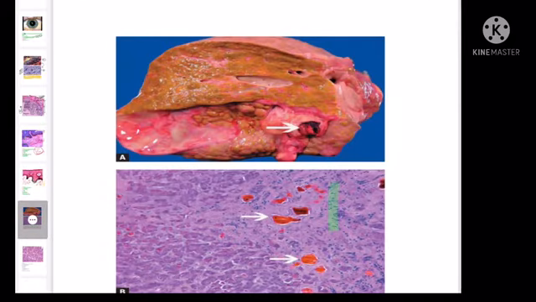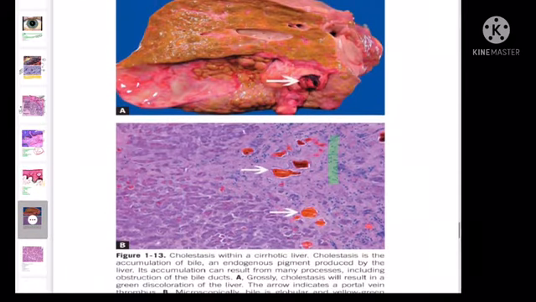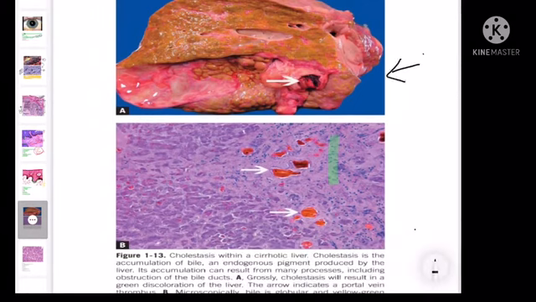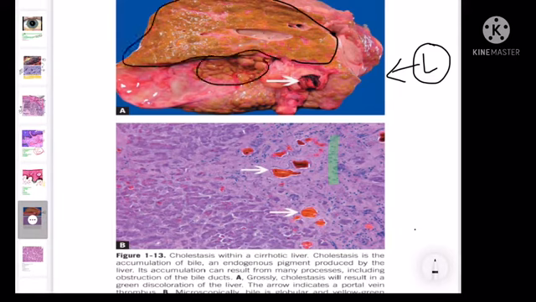The next image is bile accumulation, because you can see this is the liver, the organ which takes up bile and excretes it. Bile has a greenish color, so all these greenish areas are bile accumulation. If the liver is taking bile from the blood, it needs to drain out.